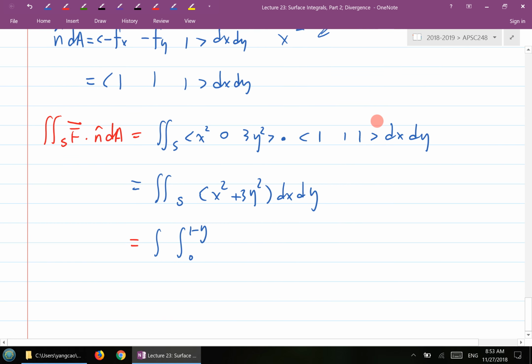Then sweep the arrow lines from left to right, which corresponds to the y limits, 0 to 1. This is a very straightforward integral, there's no trick at all. You can do the calculation, and you'll get 1/3 for this integral.